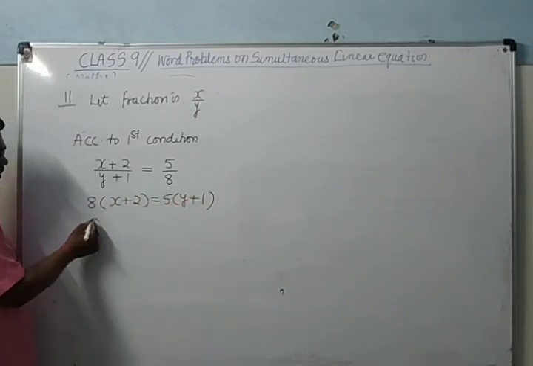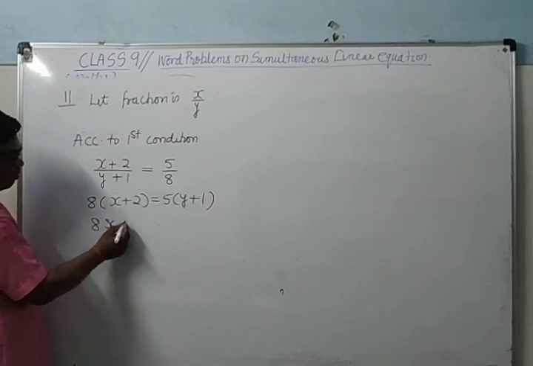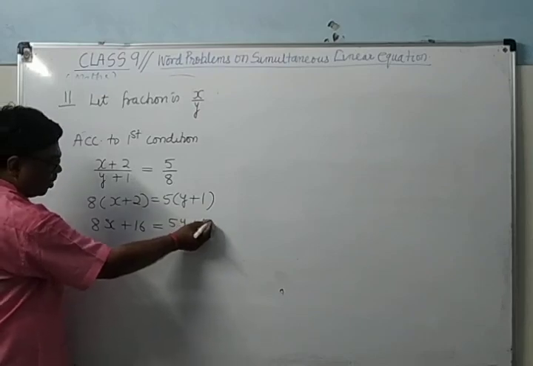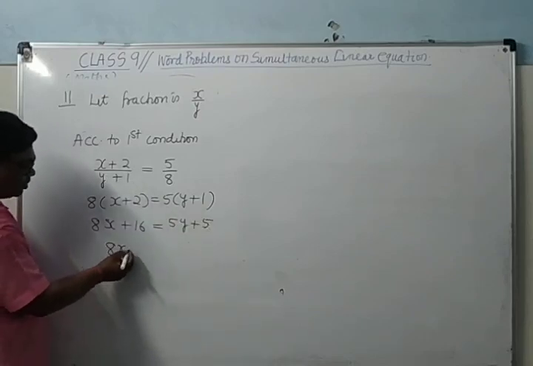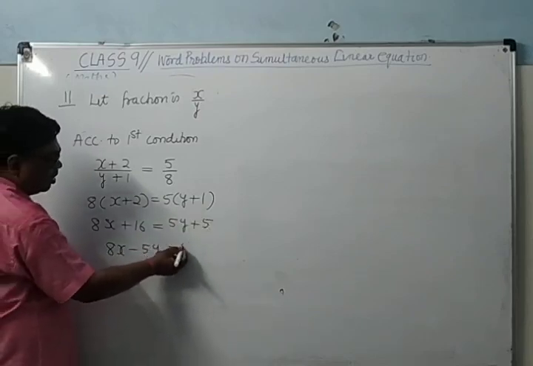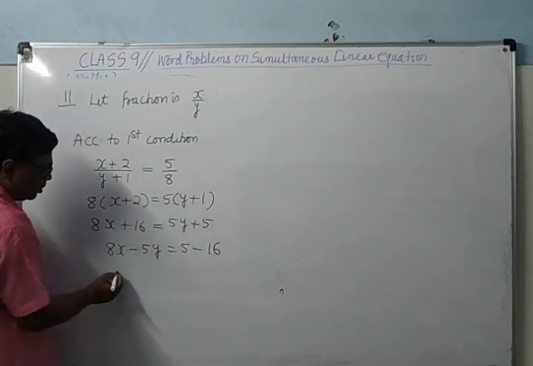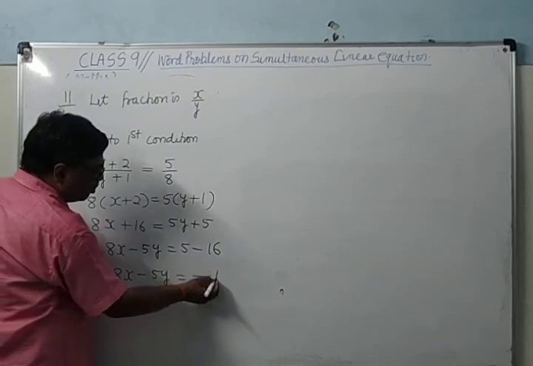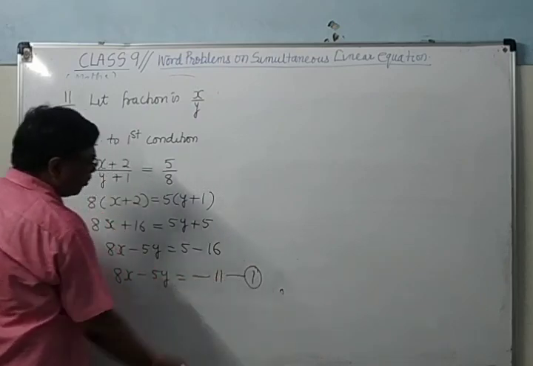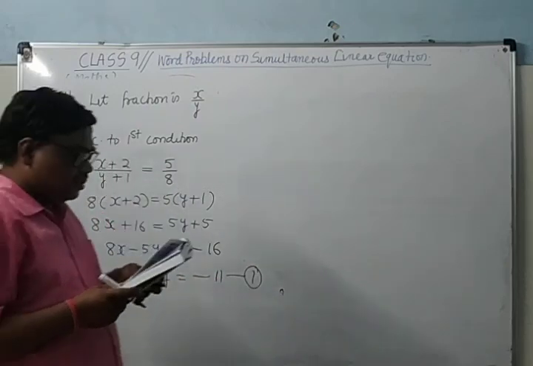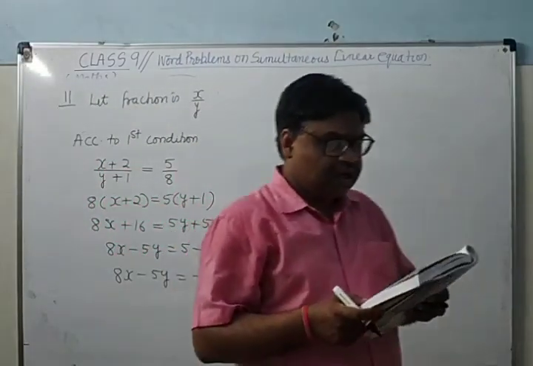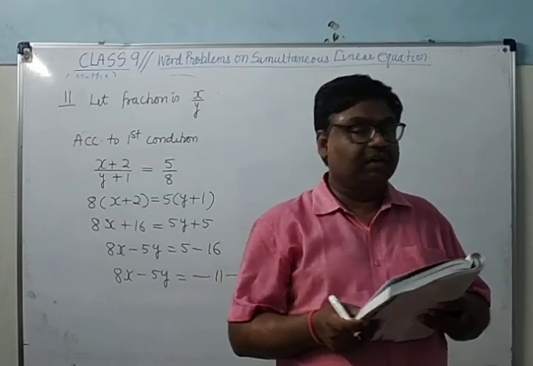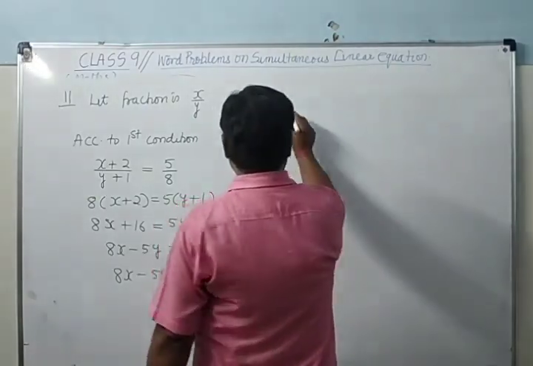When you simplify, 8x plus 16 equals 5y plus 5. So 8x minus 5y equals 5 minus 16. 8x minus 5y equals minus 11. This is the first equation. Then, if the numerator and denominator are each diminished by 1, according to the second condition.